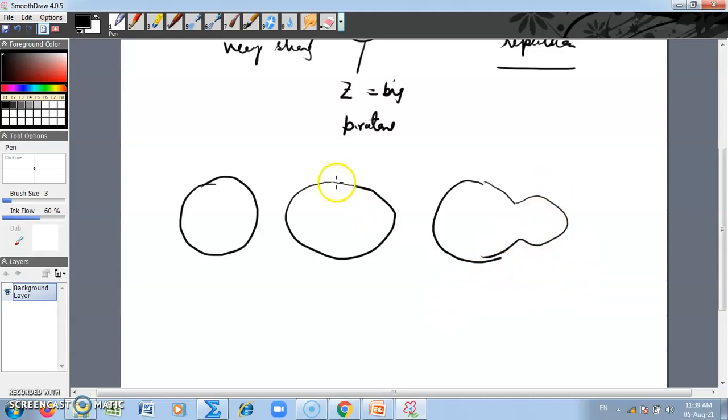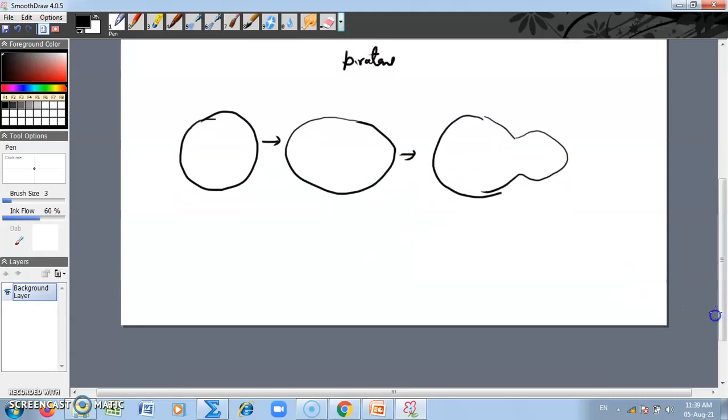The next step I'll have to show in the next line. After this will come this stage where it has broken here like this, and this like this. This stage is called the critical stage.